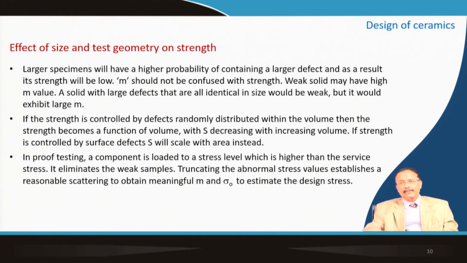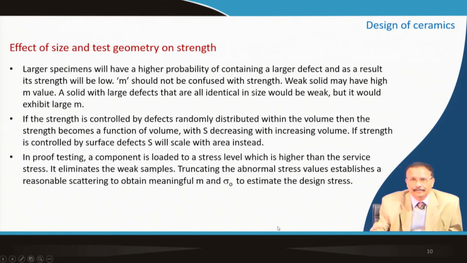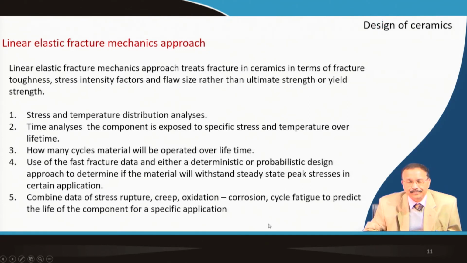So the scattering has a limit. If a material suddenly fails at a very low level of stress, maybe that particular sample had not been sintered well, or if something shows an extraordinary fracture stress value, it should be removed in order to get a reliable design stress value. That is done from the analysis point of view.